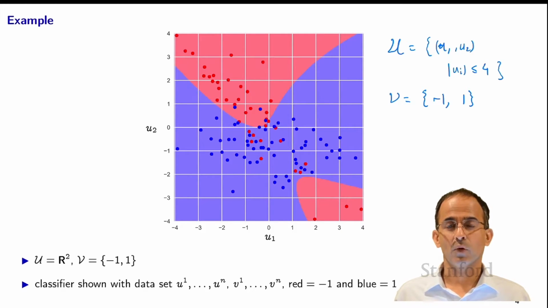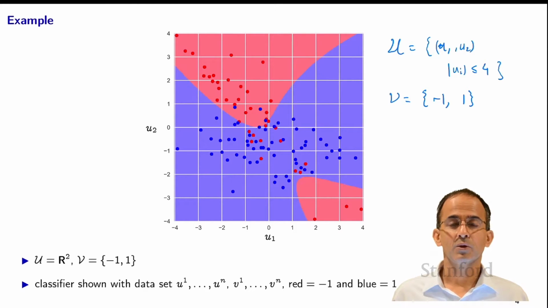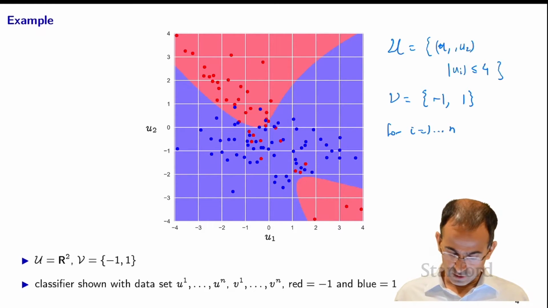And so we've got 100 data points. And for each data point, we have a record consisting of a u, which will be a point in the square, and a v, which will either be a -1 or a 1. And so we have for i between 1 and n, where n is 100, ui is in script U, the square, and little vi is either -1 or 1.